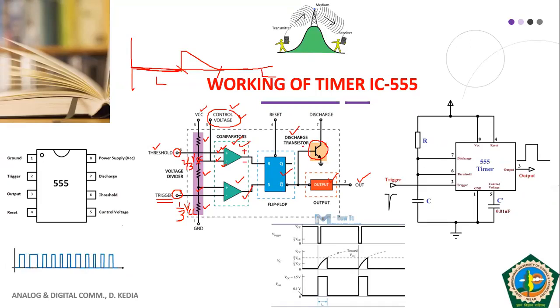The job of the discharge transistor is that whenever we turn on this discharge transistor, whatever voltage is applied across it will go to ground. So this transistor will be turned on or off depending on the state of the flip-flop. I hope all of you have been able to understand this.